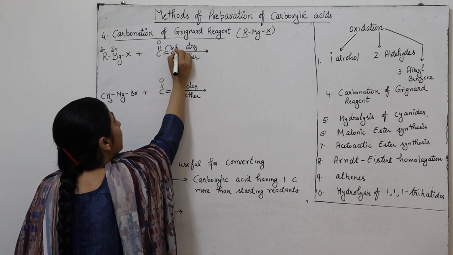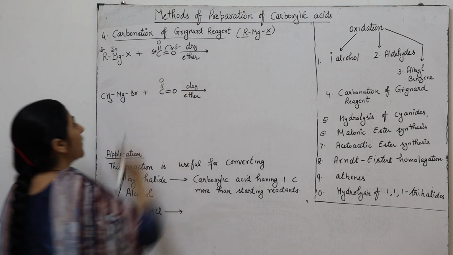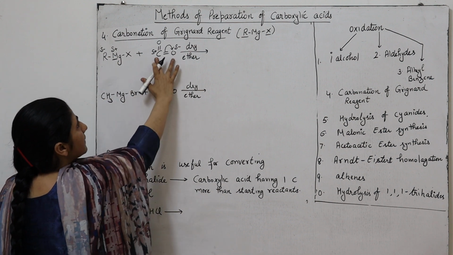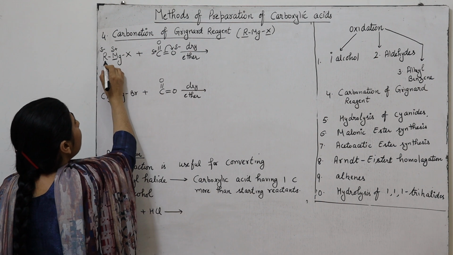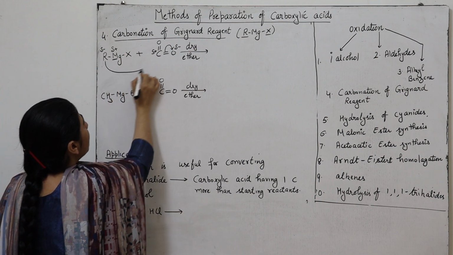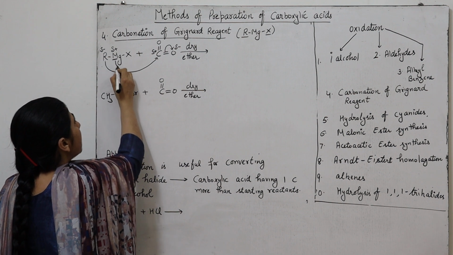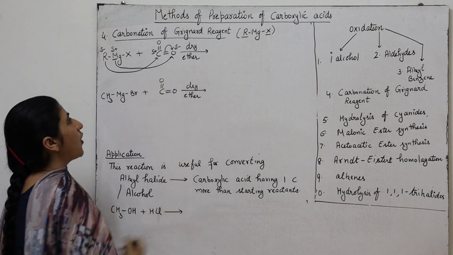As a result, this oxygen acquires a negative charge and carbon acquires a positive charge. When the Grignard reagent comes close to this charged carbon dioxide, the negatively charged alkyl group attacks the positively charged carbon atom, and the positively charged magnesium attacks the negatively charged oxygen atom.